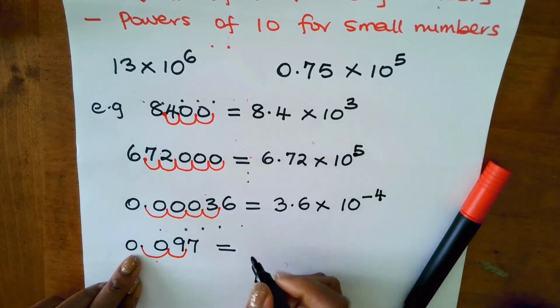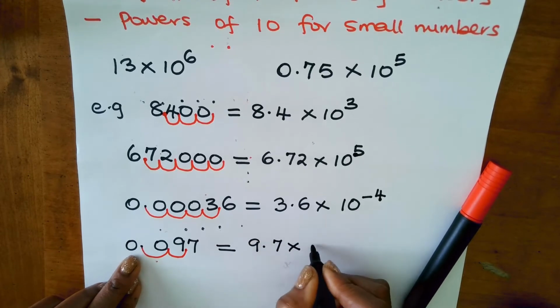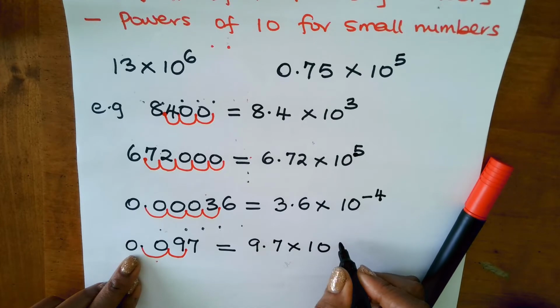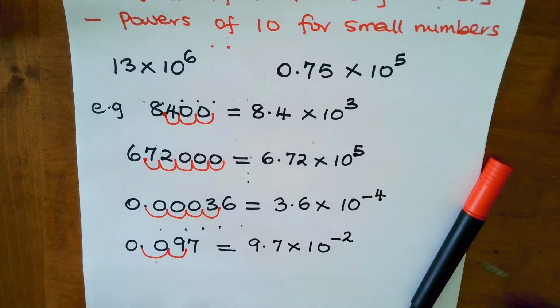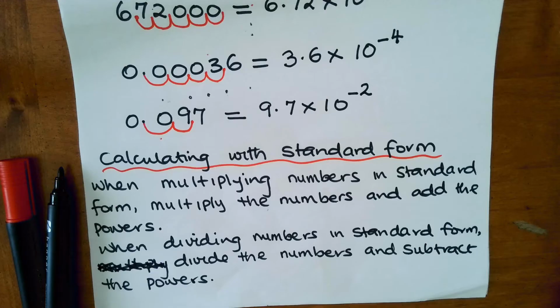So my answer is going to be 9.7 multiplied by 10 all raised to the power of minus 2. So we can see that all the numbers that we have are between 1 and 9.9 recurring.